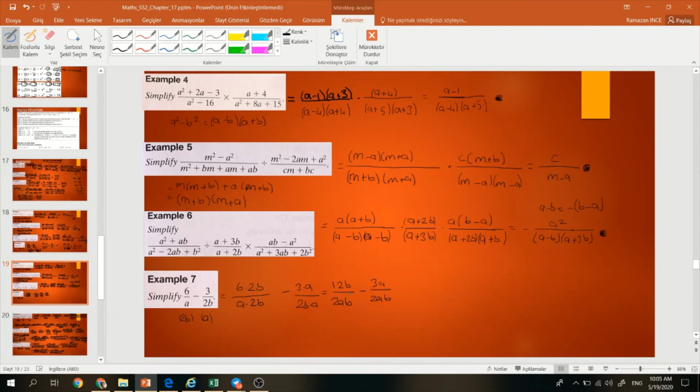As you see here, our denominators are the same. Is that clear? Then I write like that, 12b minus 3a over 2ab. Then let me continue. What's common between these two? 3 is common. We need to write our answer as simple as possible. What remains? 4b minus a over 2ab. This will be our final answer.